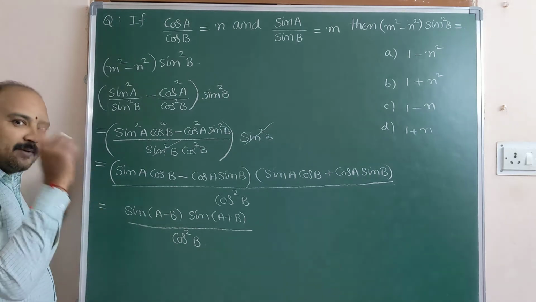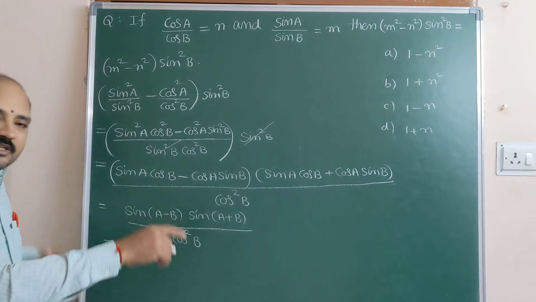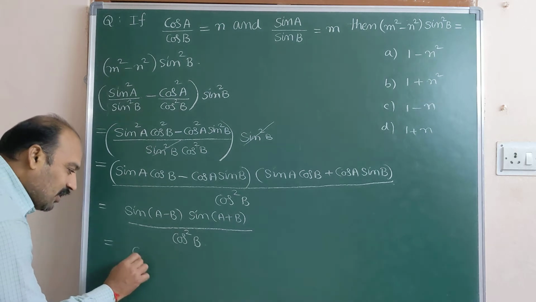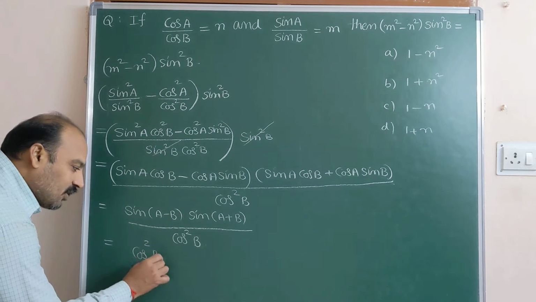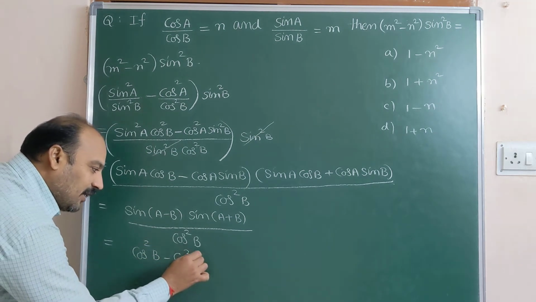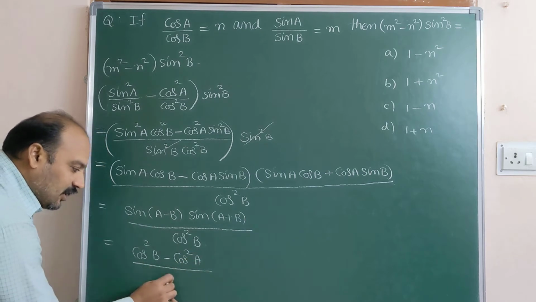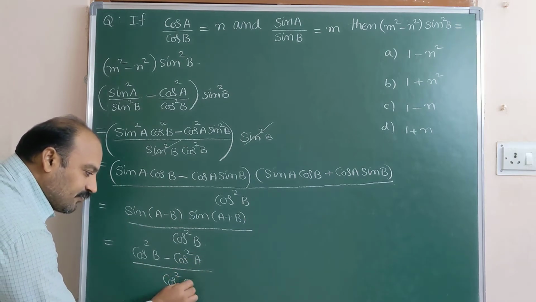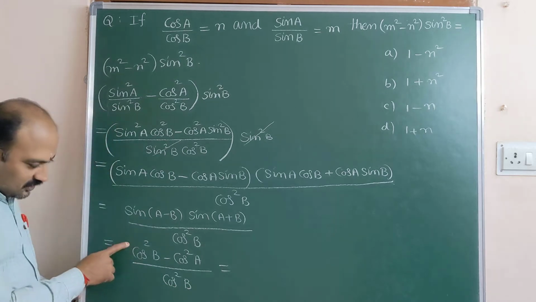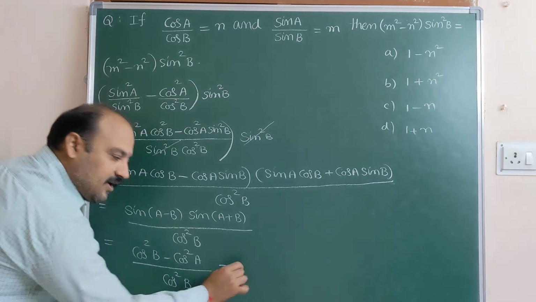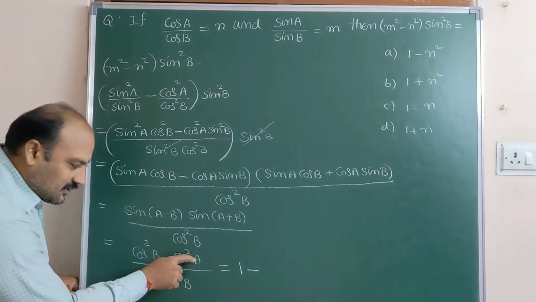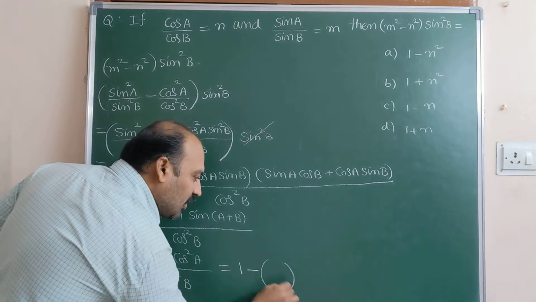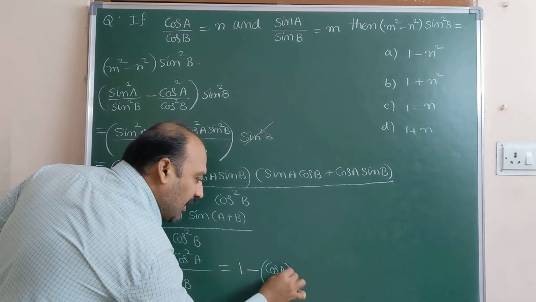So we need to write in terms of cos. Sin of A minus B into sin of A plus B is cos square B minus cos square A, divided by cos square B, which is equal to 1 minus cos square A by cos square B, cos A by cos B whole square.